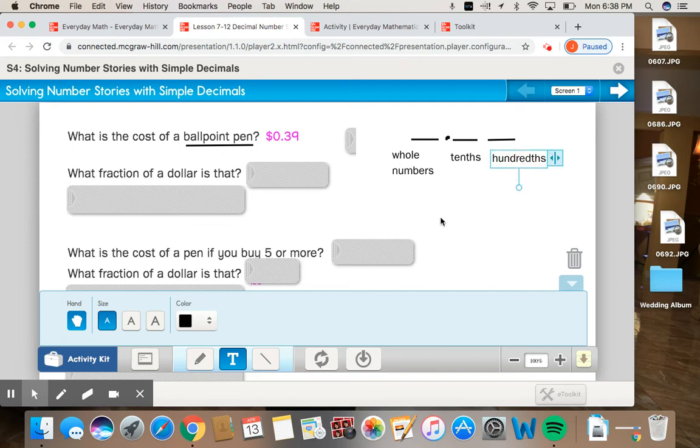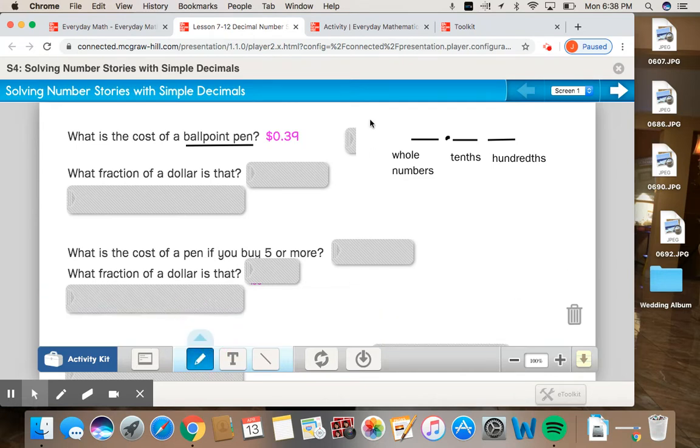There, that's where I want it. All right, so I have my whole numbers, my tenths, and my hundredths. So if I'm going to take a look at this first one, I have my 3, which is in my tenths place. 3/10, and 3/10 means 3 dimes. And my 9 is in my hundredths place. My hundredths are my pennies. Sorry about my 9 there. And this is 3/10, 9 hundredths, and I read this 39 hundredths.